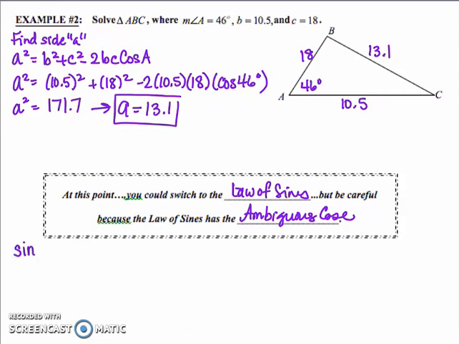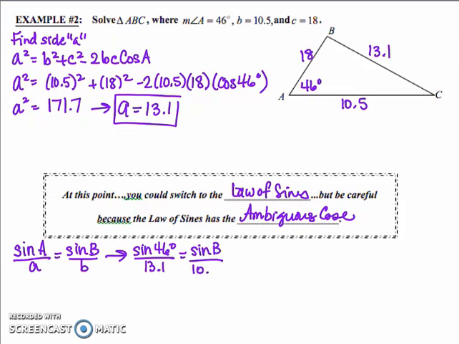Sine A over A is equal to sine B over B. And now I'm going to plug my numbers in here. So I'm going to get the sine of 46 degrees divided by 13.1 is equal to sine of angle B, which I'm trying to find, divided by 10.5.